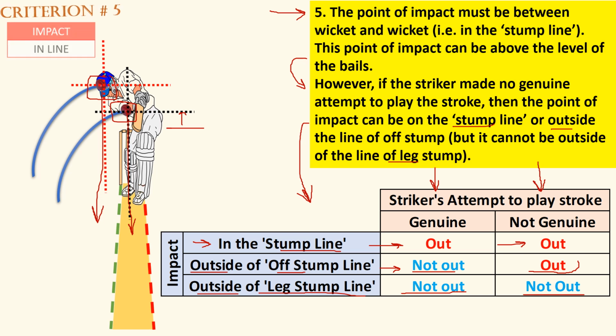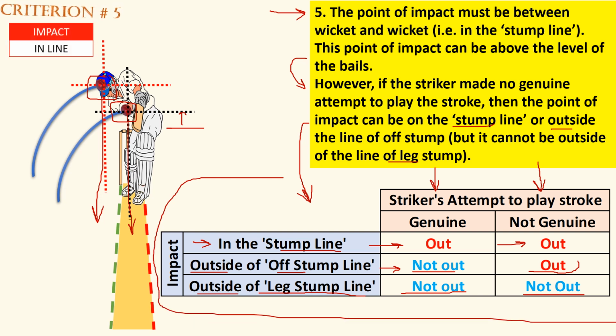If the striker was genuine in his attempt to play the stroke, then he cannot be given out L.B.W. But if he was not genuine in playing the stroke, then the striker can be given out L.B.W. in this case. This table that is given in this picture is very handy, and you can use this picture to refer to when you are encountered with condition number 5 scenario.